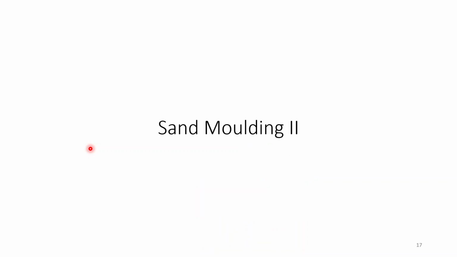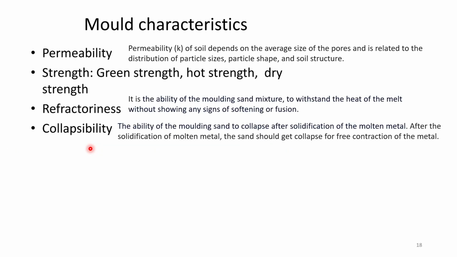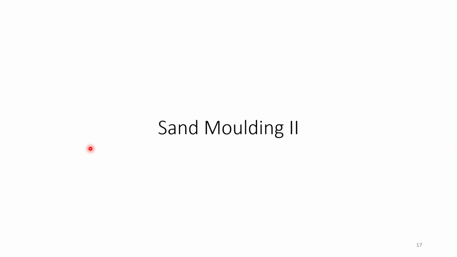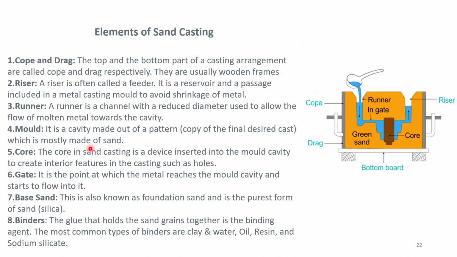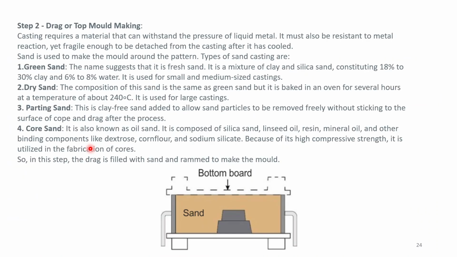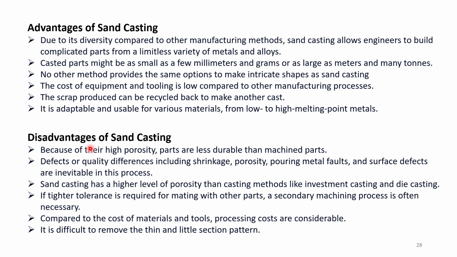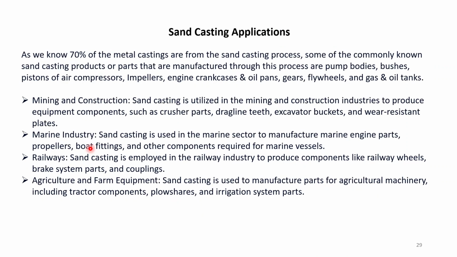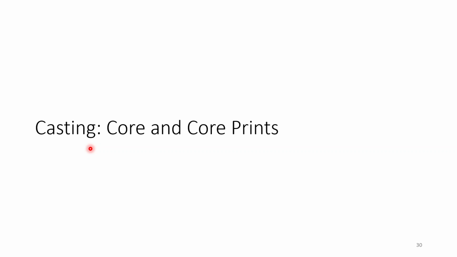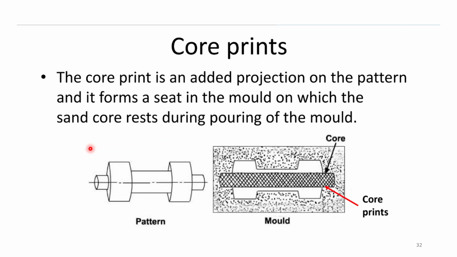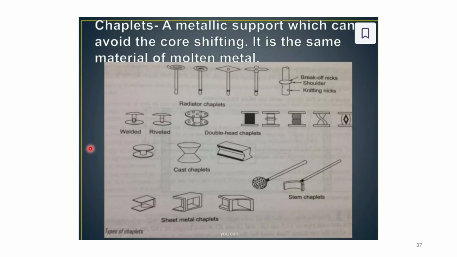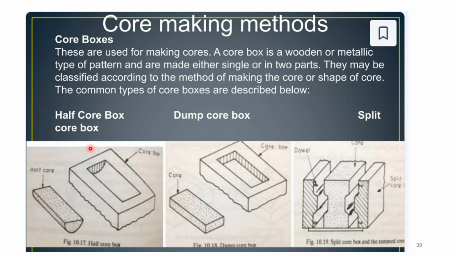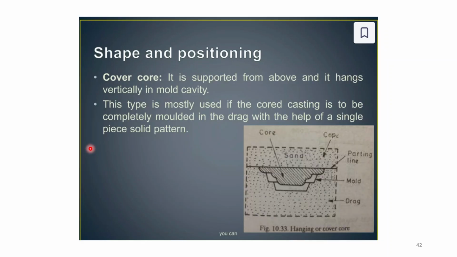Then we went through these various lectures. Firstly we went through sand molding. In sand casting we studied how it is performed, its advantages, disadvantages, and applications. Then we went through core and core prints, various methods and various types.